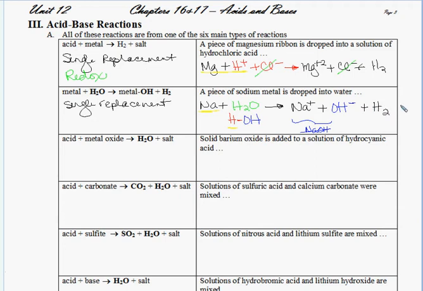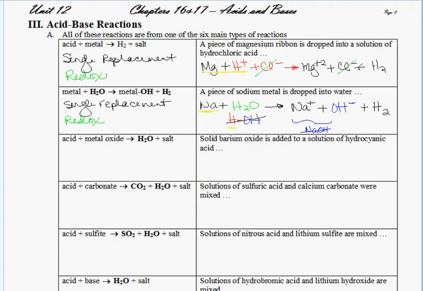So as I clean up my reaction, I actually have no spectators. I'm going to get rid of that water, and I'm going to have Na plus water yields Na+ plus OH- and hydrogen gas. Ladies and gents, one more time, this is a single replacement reaction. It's also a redox reaction because your sodium and your hydrogens switch their ions.